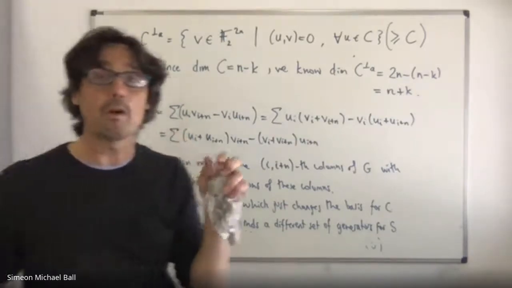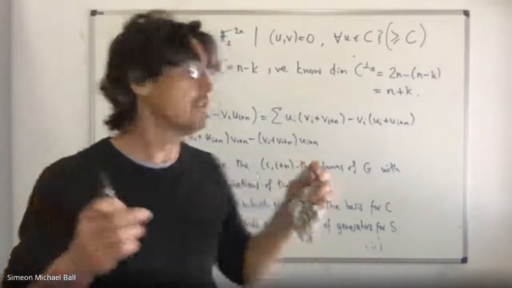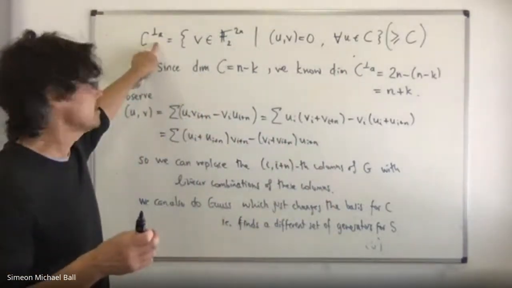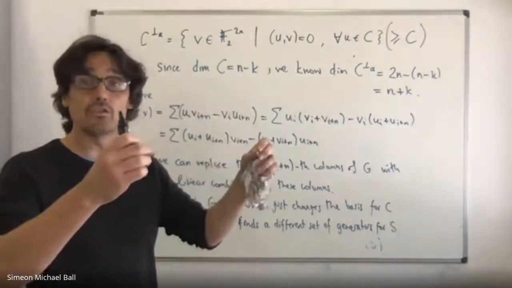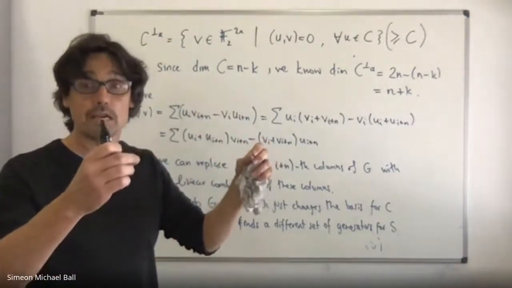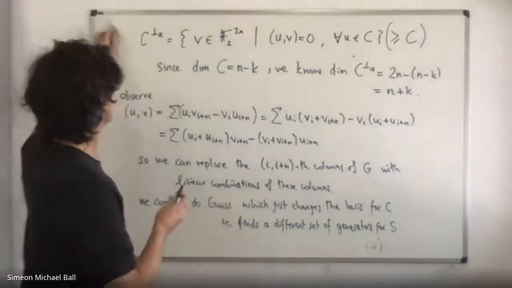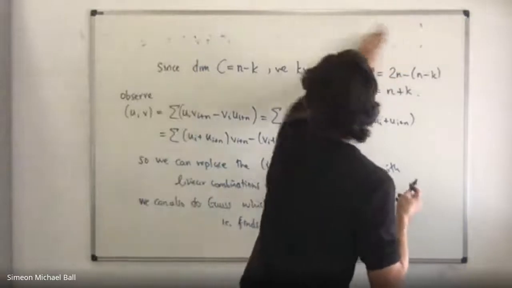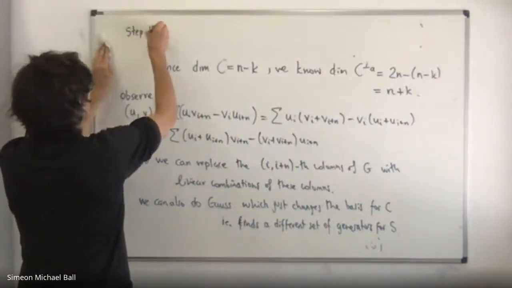So if we do it one by one, you start off with a code, take something from the orthogonal C perp A, okay, add it to C. Now calculate your new C perp A, the dimension will go down by one, and you just do it one by one, step by step.